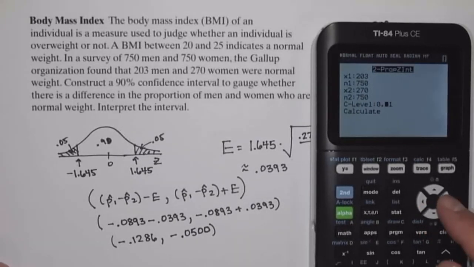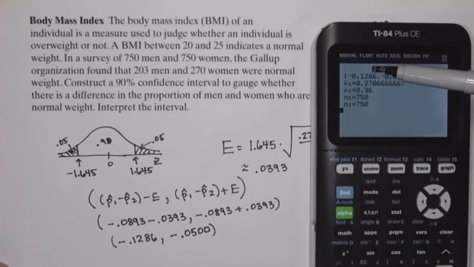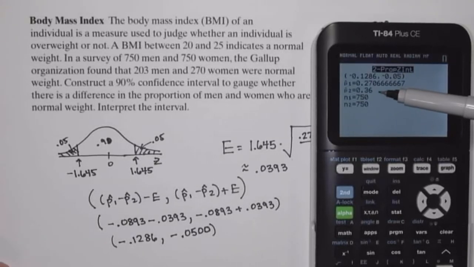And our level of confidence is a 90% level of confidence, so the C level is 0.90. So when we calculate that, my confidence interval is negative 0.1286 to negative 0.05, which agrees with what we got by hand. Notice it also gives us the point estimates for p hat 1 and for p hat 2.